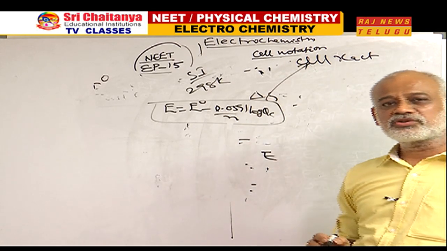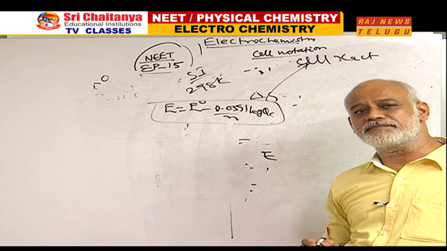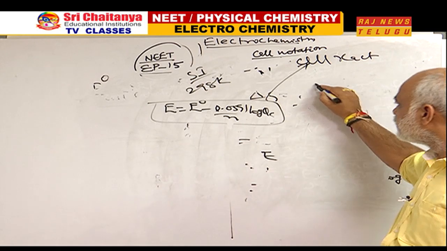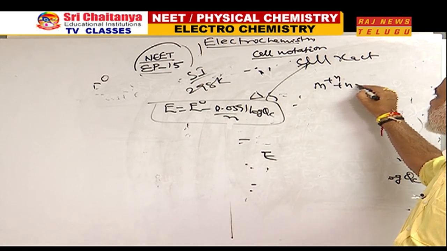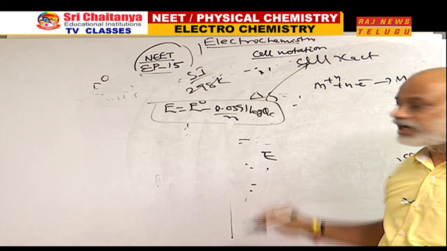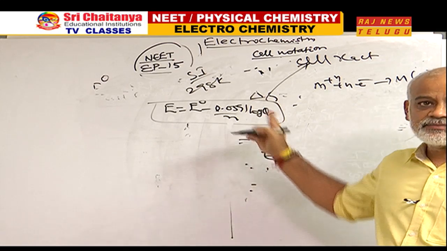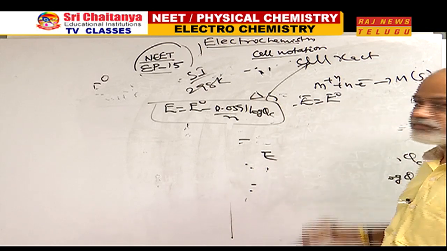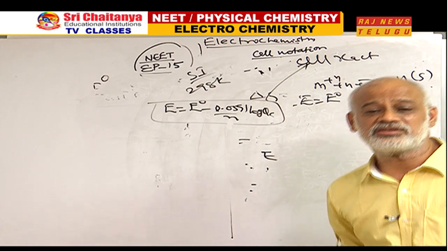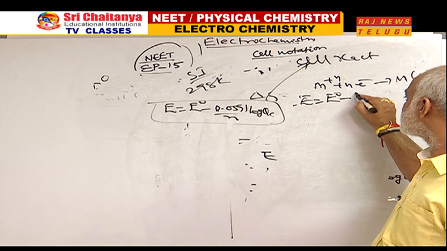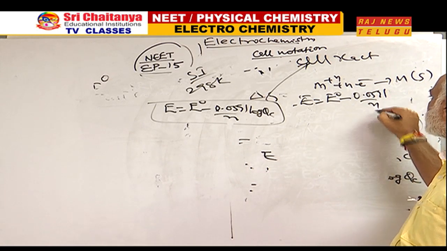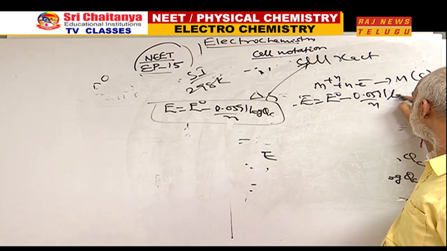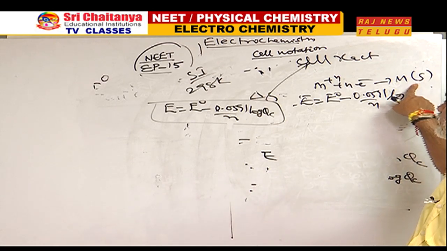Let us say, no sir, I wanted to write it for a metal electrode, single electrode. At a metal electrode, reduction occurs like this, and this is a solid. So I am replacing: E is equal to E naught minus 0.0591 by N logarithm of product by reactant.